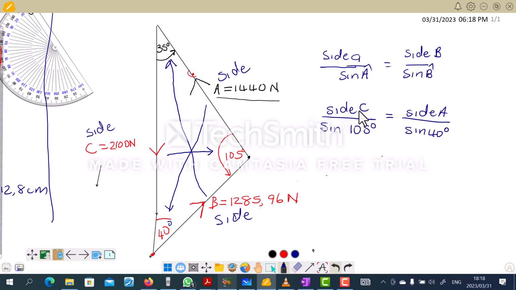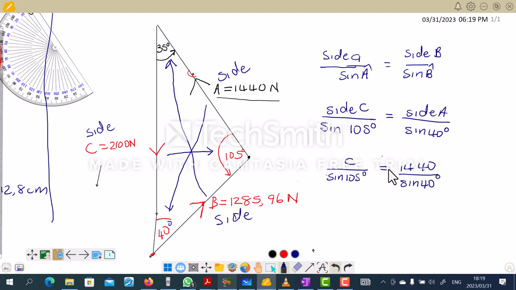Then I substitute side C, which is the side that I want, C all over sine 105 degrees, equals side A. Side A is this value, which is 1440 over sine 40 degrees. Now I have my unknown, which is C.